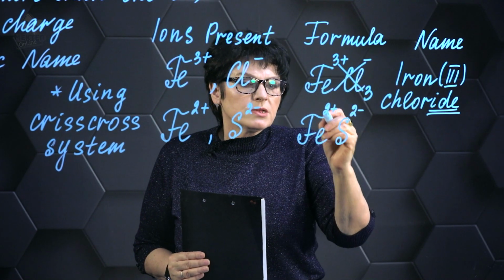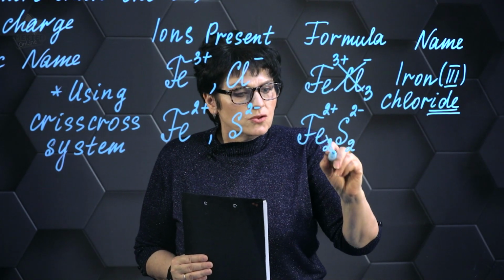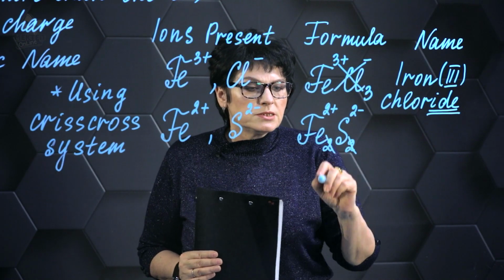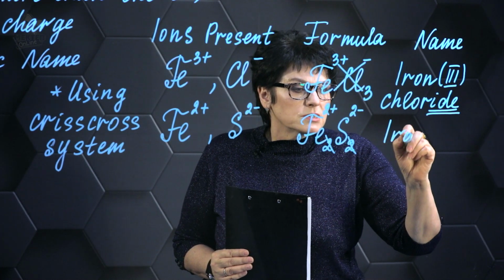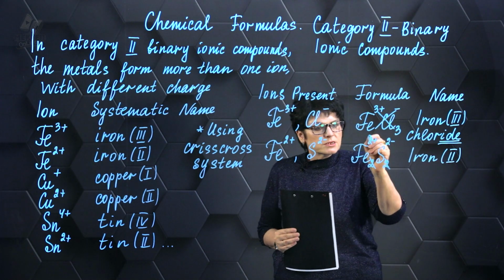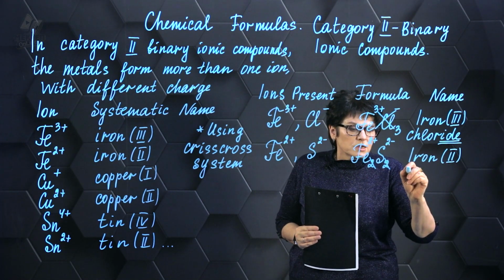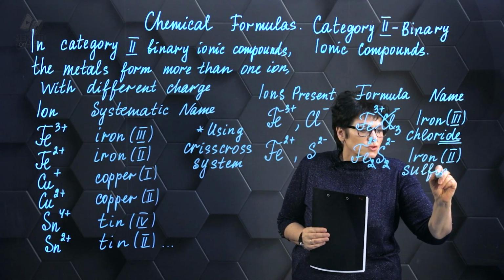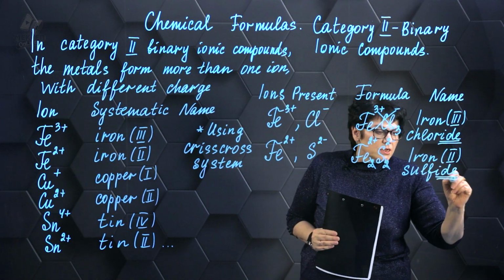Technically the cross rule could be applied, writing it like this, 2 and 2, but since these numbers can be reduced, in the end we have 1 and 1, but we don't write the 1s. This compound is commonly known as iron(II) sulfide. Due to the fact that iron possesses a valence of 2 or a charge of 2 in this specific case, this compound will be designated by that name. And the suffix ending, please take a look, will be exactly identical to what is shown here.